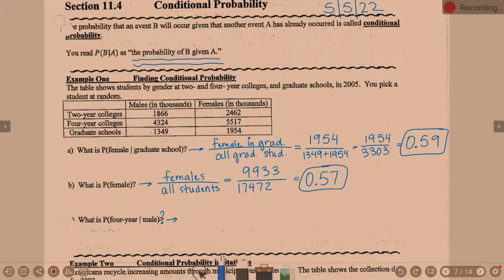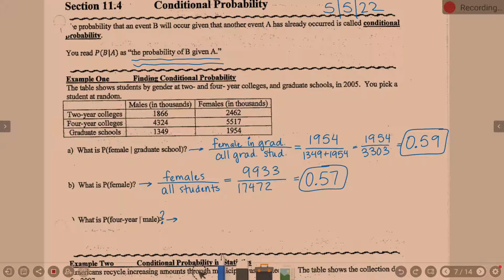So on top, what kind of number are we looking at? What category are we looking at on top? 4-year males. Okay. So specifically, what is the probability the student is a 4-year student given that the student is a male?